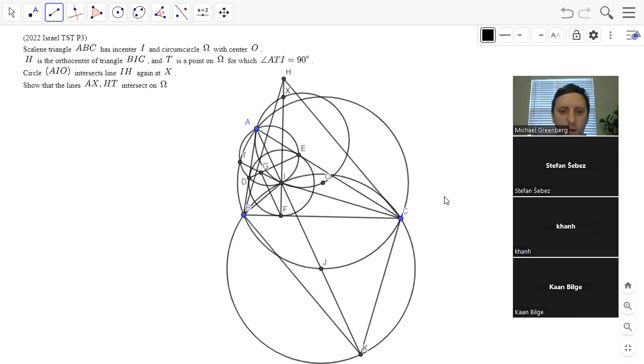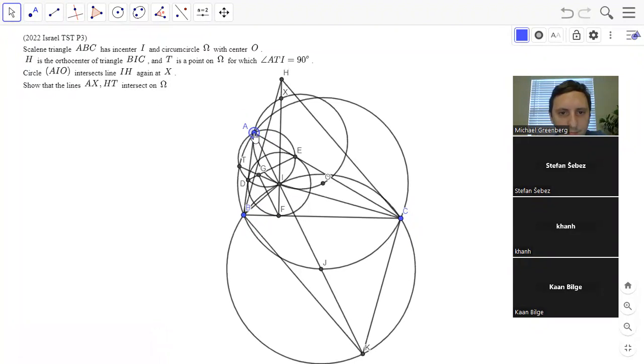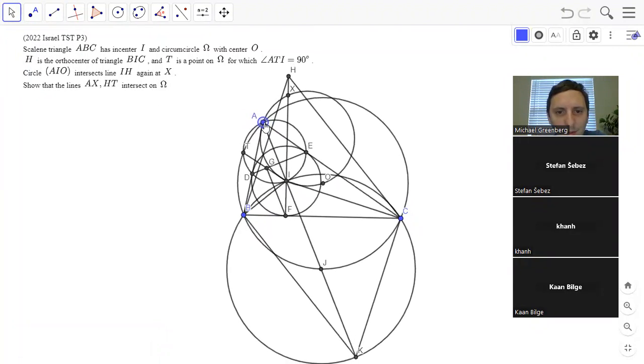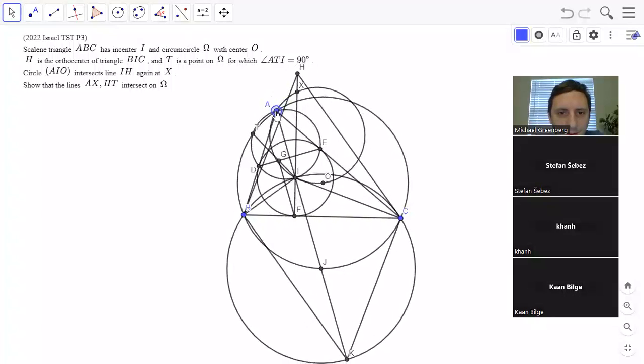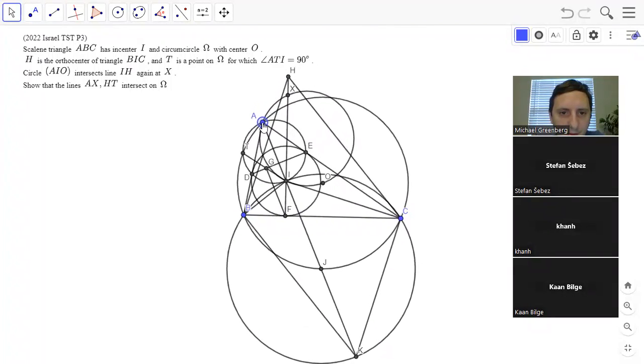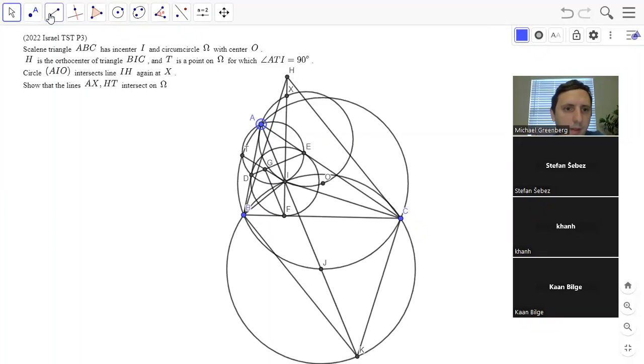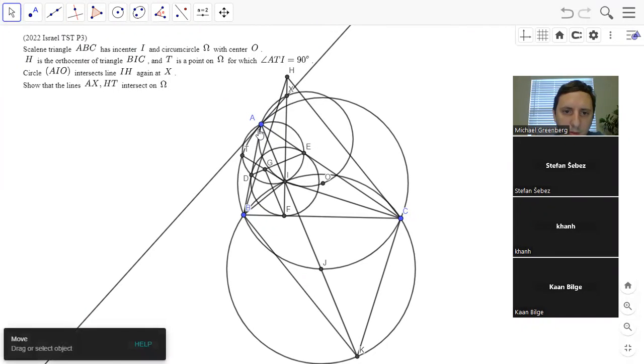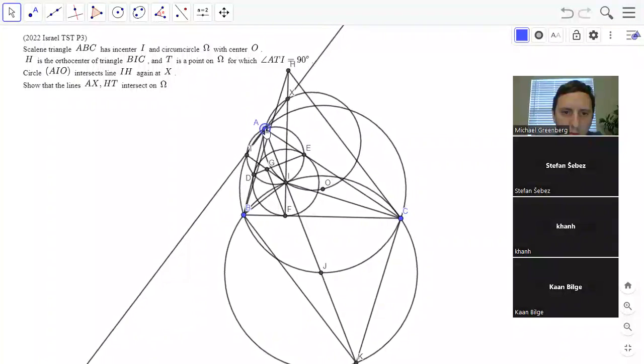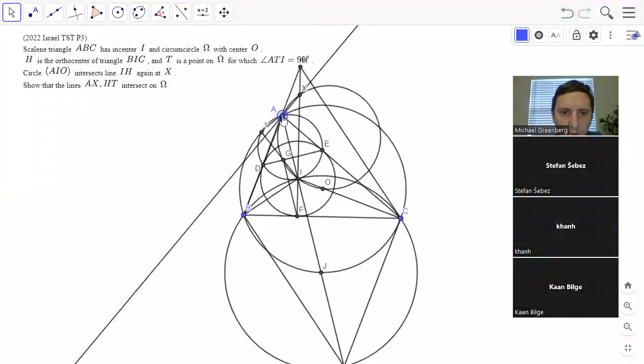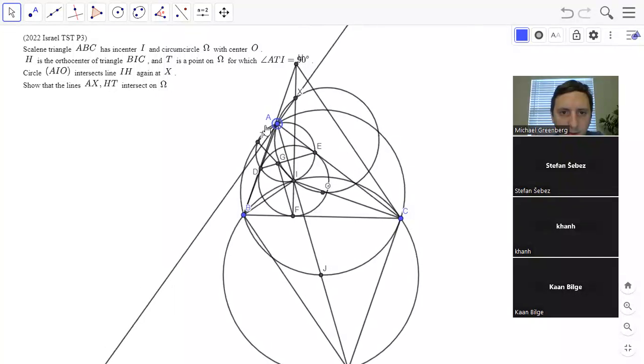So yeah, that's a parallelogram, and K is the X center. We want to show AX and HT intersect on the circle. And I want to make it so that you can see that intersection point well. It's not that easy to do.